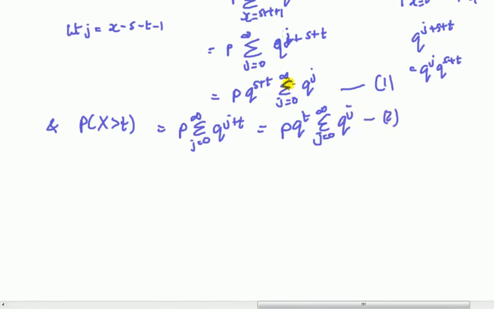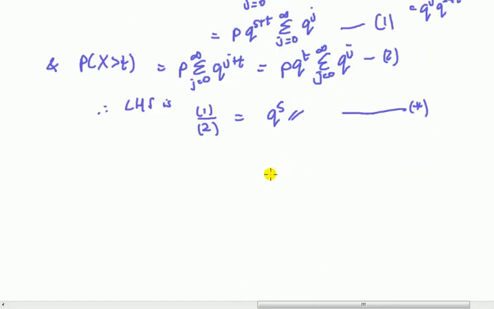You can see why I didn't bother to write that, because a lot of these two are going to be the same, they're going to cancel. Therefore, the left hand side is basically expression 1 divided by expression 2, and you can see that's going to be q^s. Let's call this star. I told you there's a little more work with the PMF, probability mass function.